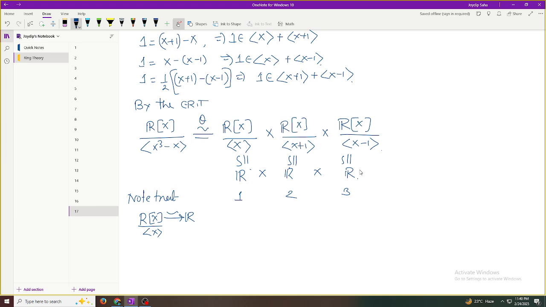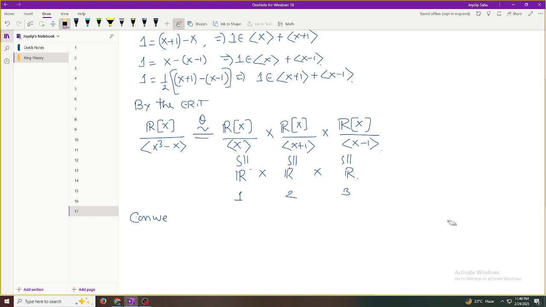So can you construct a polynomial f(x) of degree 2? What is the remainder if I divide by x minus alpha? f(alpha), right? f(alpha) is the remainder.